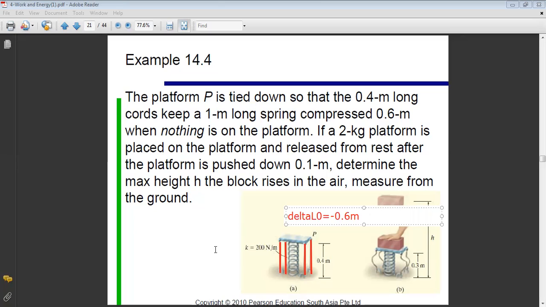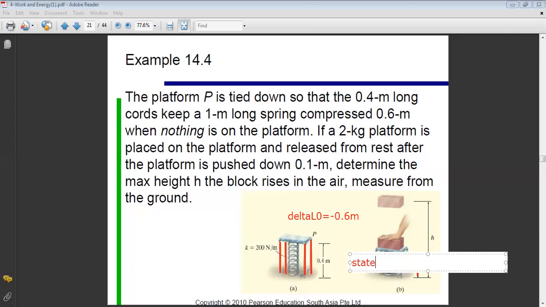Now what happened in our problem, we have a block, we put this block and we compress the spring 0.1 meter down. Okay, so now since when we put the block we compressed 0.1 meter more, I can say that this is my initial state. I pushed my system 0.1 meter down, and then I released my block. So this is the initial state, state 1.